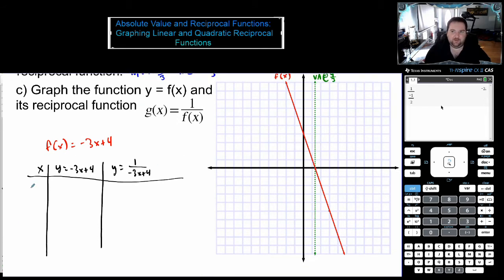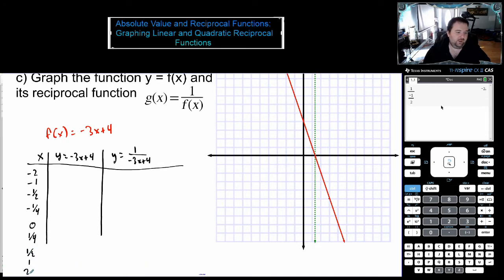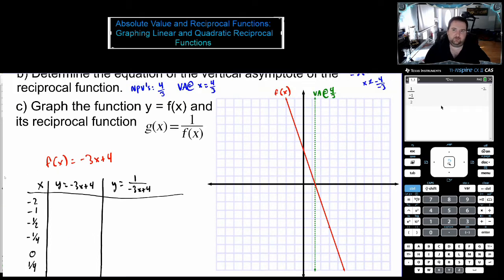So I would recommend on this one points like negative 2, negative 1, probably negative 1/2, negative 1/4, and then 0. You want to have fractions, right? 1/2, 1, and 2. And then you would just plug them into your equations and see what the y values are.